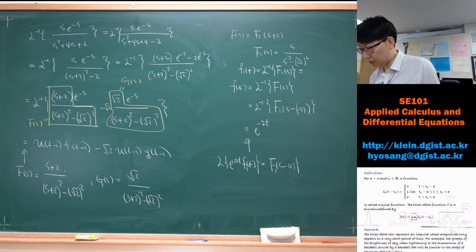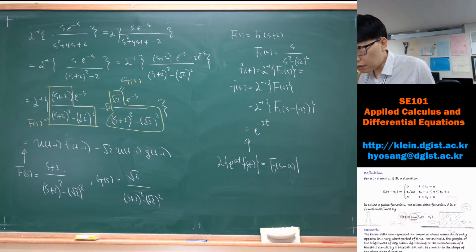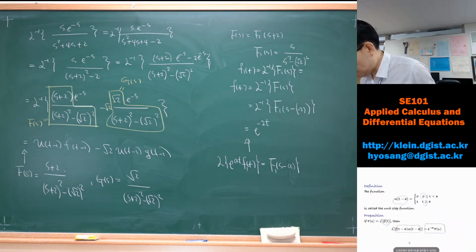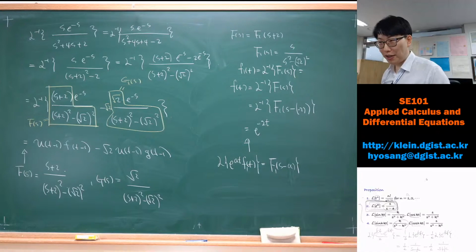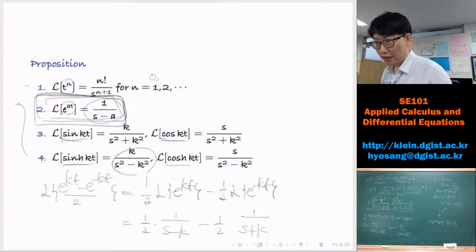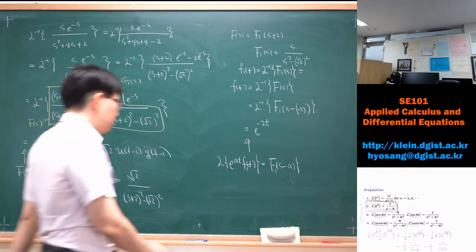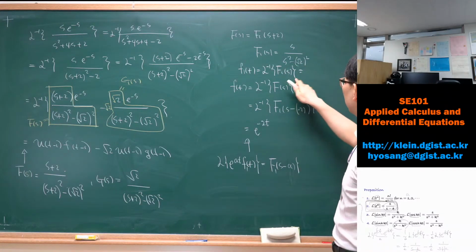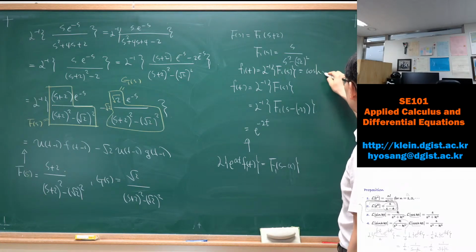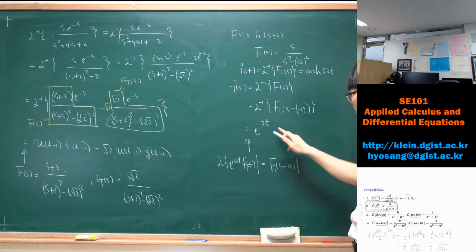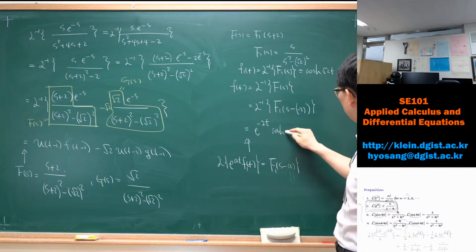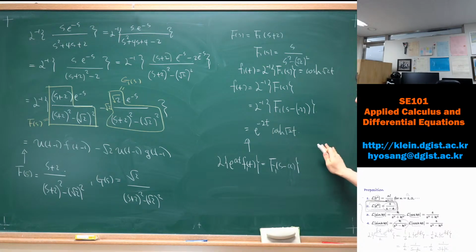Yeah, hyperbolic cosine. You see the fourth proposition, we have cosh kt equals s over s squared minus k squared. So I'm using that. All right, so this is equal to cosh of square root of 2 t.